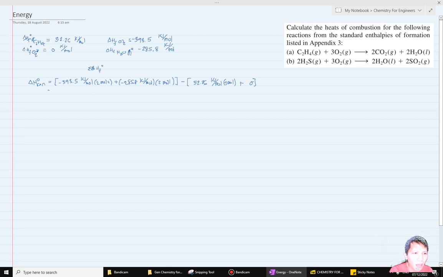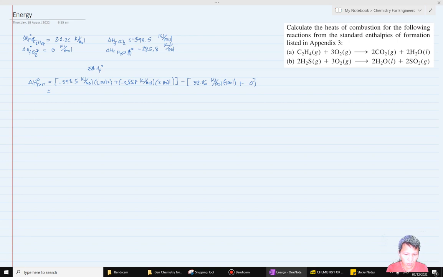So all in all, we can use a calculator. That is negative 393.5 times 2 plus negative 285.8 times 2 also, minus 52.26 times 1.